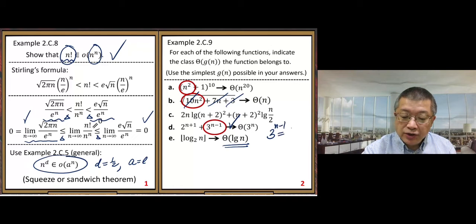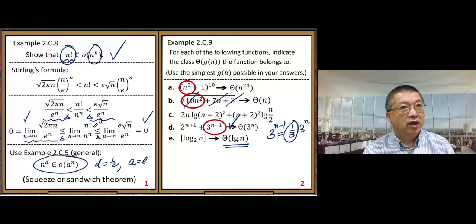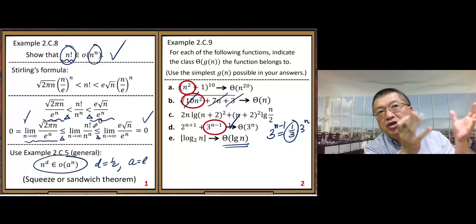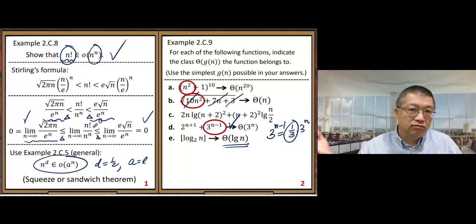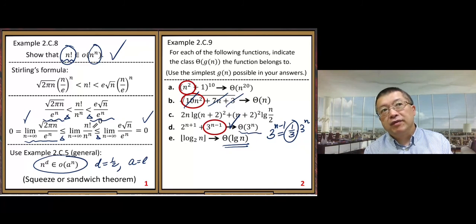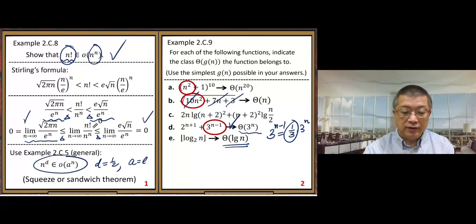The reason is it is 1/3 times 3 to the nth, just a constant. The minus 1 exponent part can be translated to that fractional constant, so we can skip. Power of 3 definitely dominates the power of 2 function. So that's D.